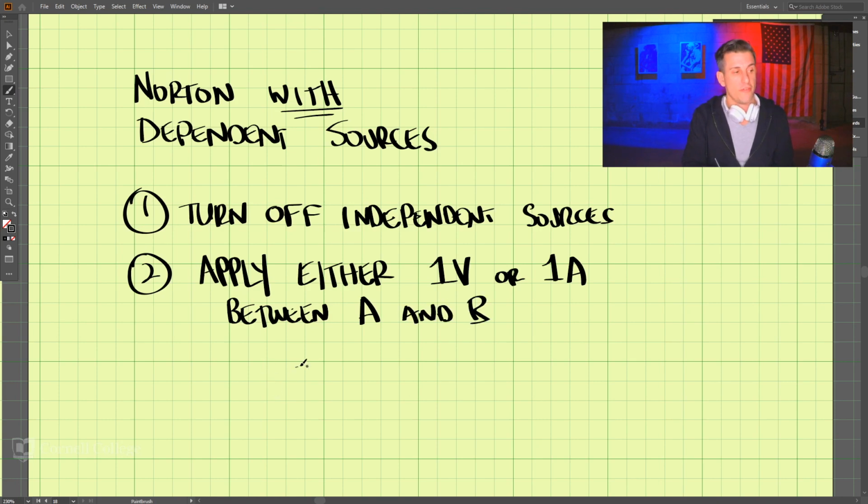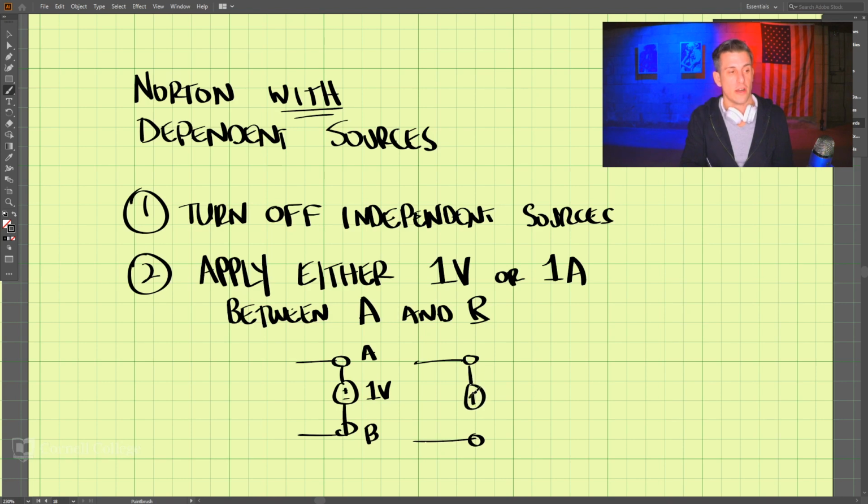Okay, so if we have A and B here, we either put a voltage source here, which is 1 volt, it is your choice, or you can put a current source here of 1 amp between A and B. So this one or this one.